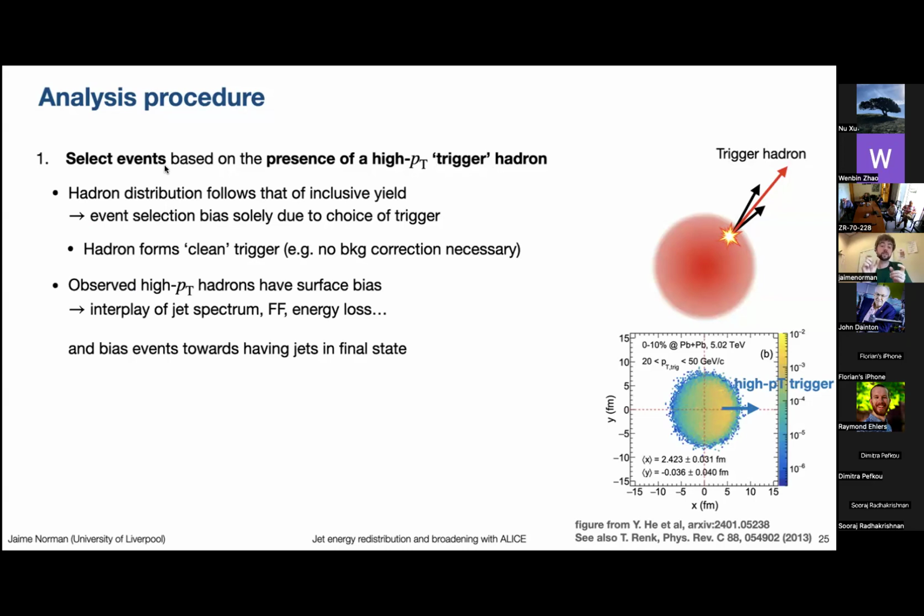By selecting a hadron trigger, we have a clean trigger, so there's no background correction necessary. Also, by selecting high pT hadrons, we select events where the hadron has a bias towards the surface, which means that the jet preferentially travels through a larger path of the medium.